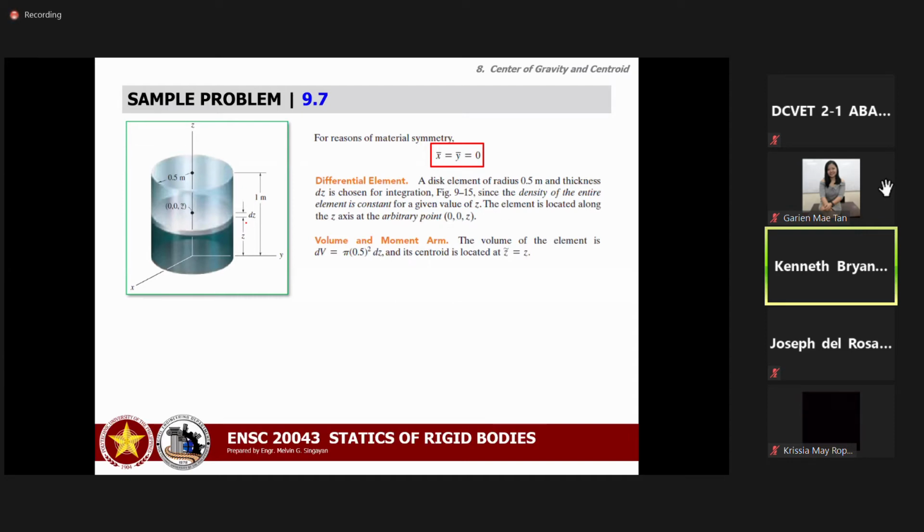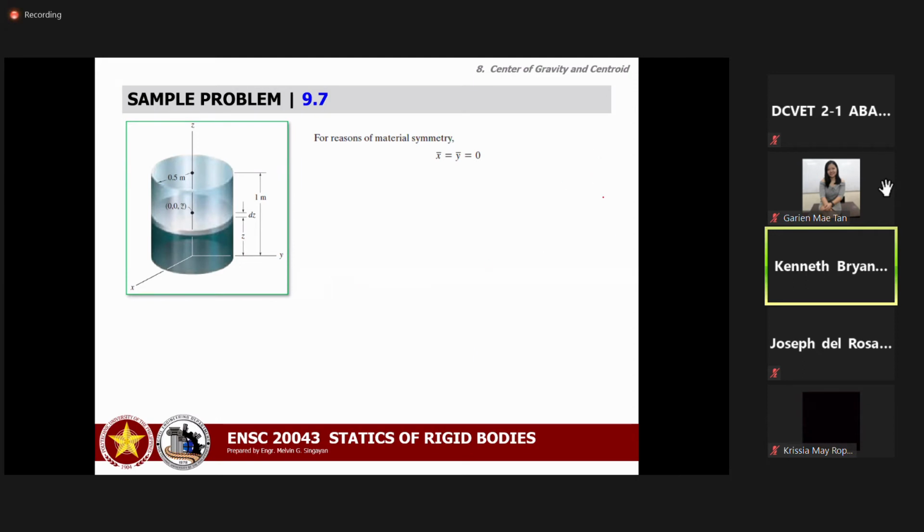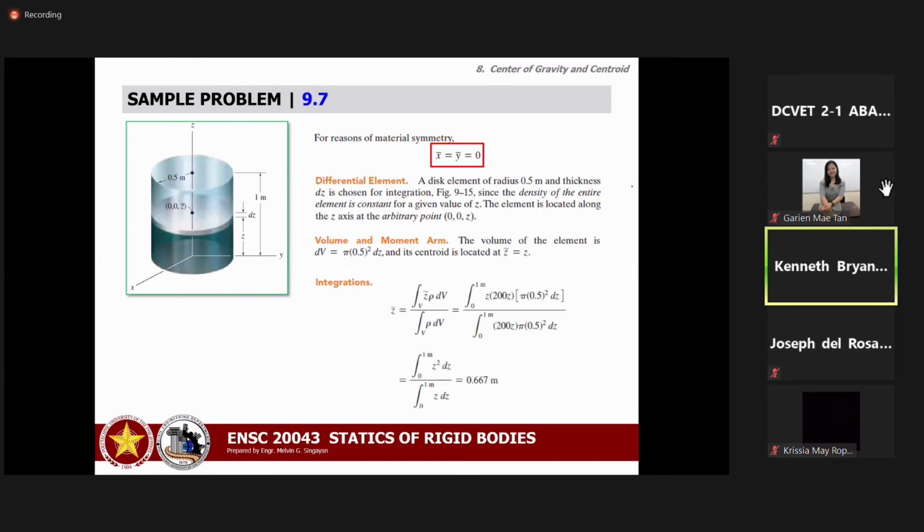Okay, so from there we apply integration. So bar z is equal to integral of z curl rho dV divided by integral of rho dV. So that is equal to z curl z, and rho is the given function of z, so 200 z, multiplied by dV, pi times 0.5 squared dz, divided by integral of rho, 200 z, times dV, pi times 0.5 squared dz, from 0 to 1 meter.